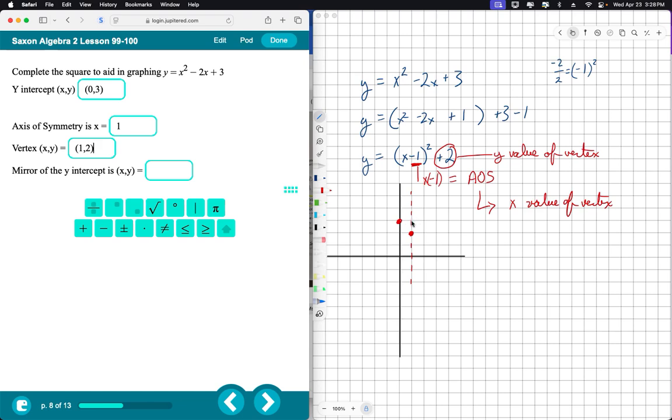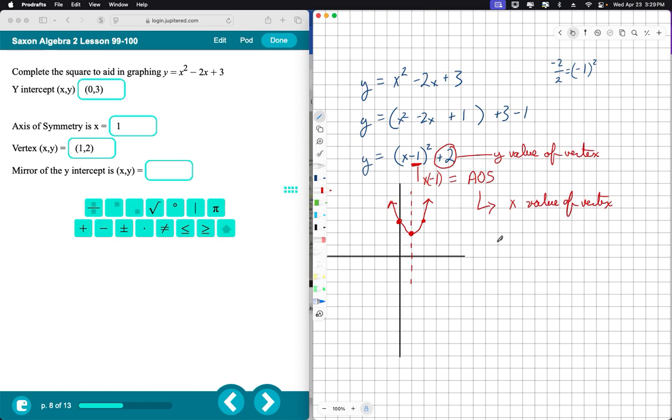So there's 1 space to the axis of symmetry. There's going to be 1 space to the mirrored y-intercept, to its reflection. And that is going to be where you would graph your parabola. So here, the easy way is just to look at it and count 1 space, 1 space.